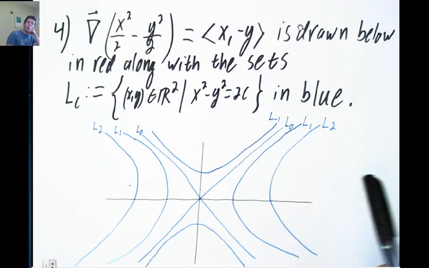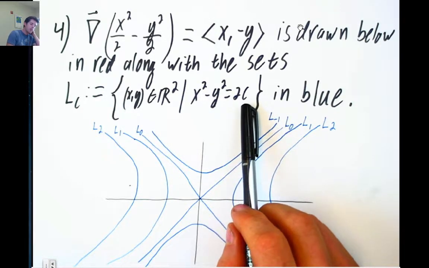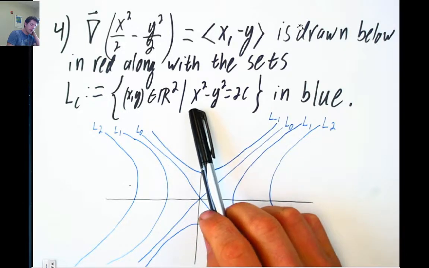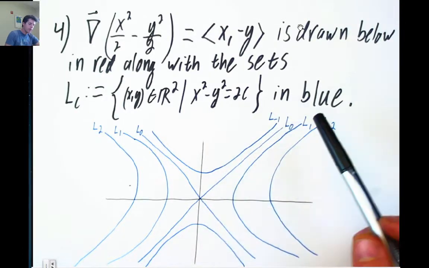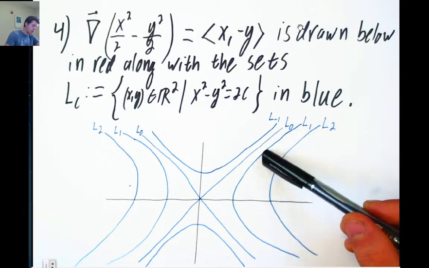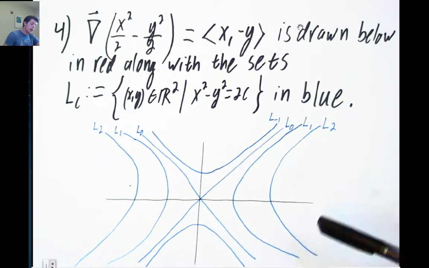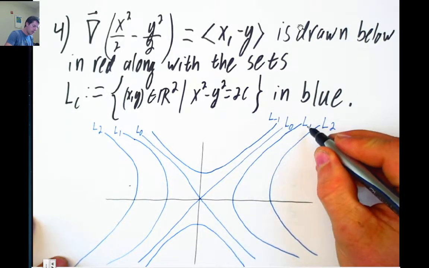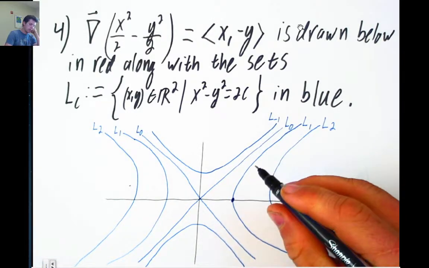When c is 1, x squared minus y squared is equal to 2. That certainly means that x squared has to be bigger than y squared, so L1 is out here in the region where x is bigger than y, and I know that it is a hyperbola. Let me think about what point it passes through.